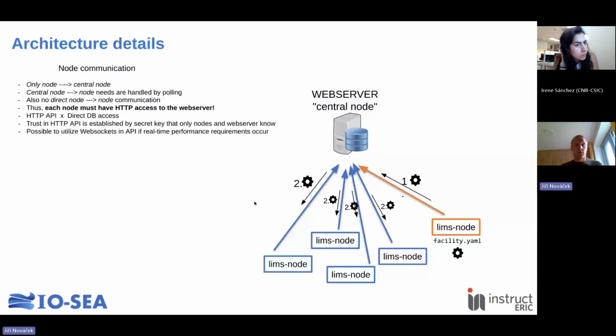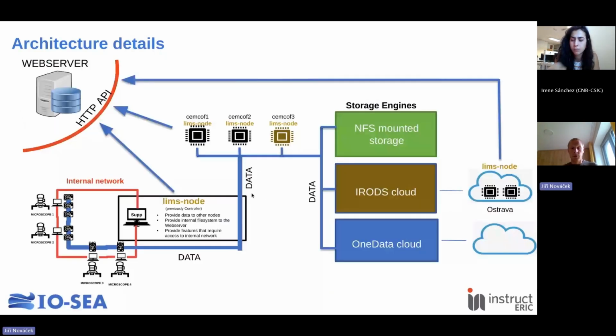As for the data itself, the different nodes, the different lymph nodes, have different roles. In this particular case, we have one node that actually pulls the data from the microscopes and transfers it to the storage. We've implemented different types of storage.